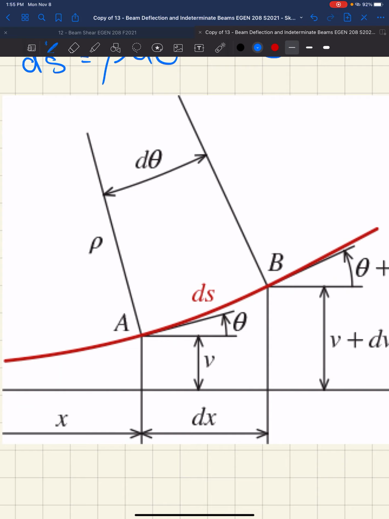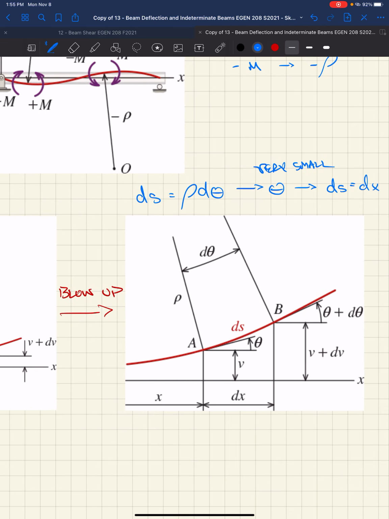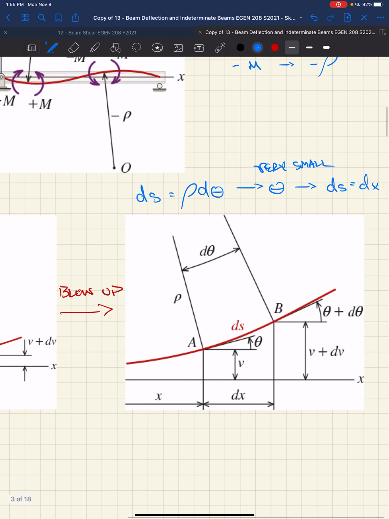If we're looking at a very, very small length of this diving board, the length of that diving board is essentially the horizontal length. So if ds equals dx, we can plug dx into here, and we get dx equal to rho d theta, which says we could rearrange this and say 1 over the radius of curvature is d theta over dx.